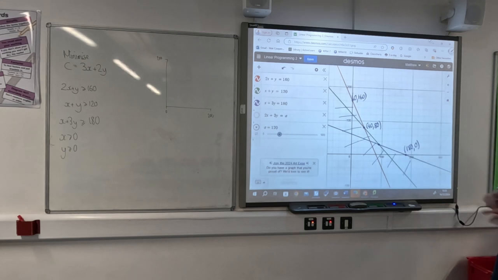We could use simultaneous equations to solve that one. We don't need to look at decimals. That is 9030.